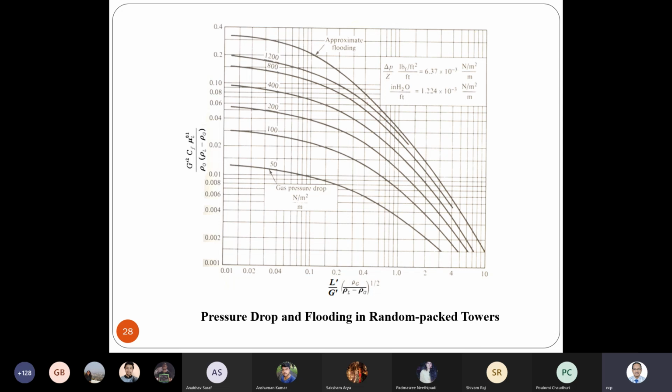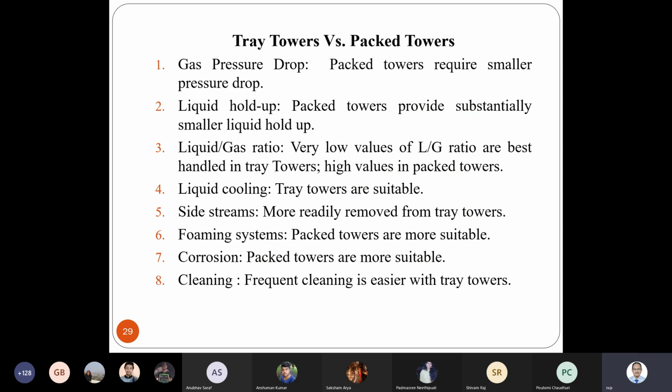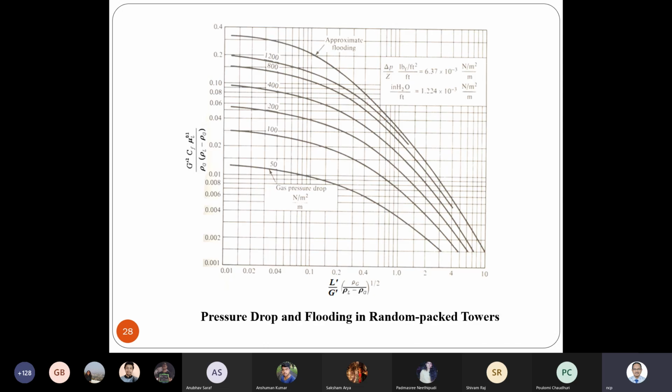So finally we'll get that Z is equal to HTG times NTG, whatever it is, right? So anyway, that is a different concept.